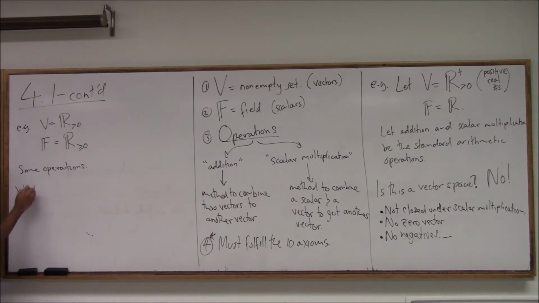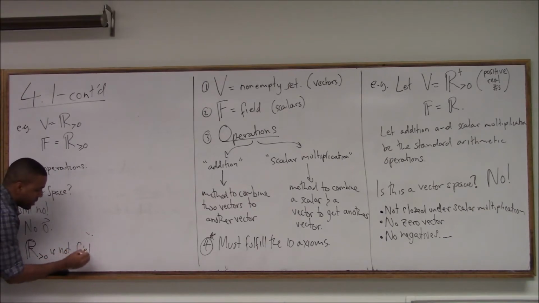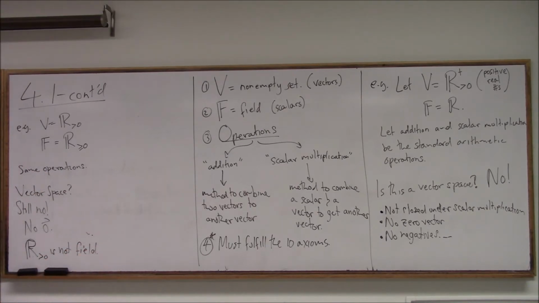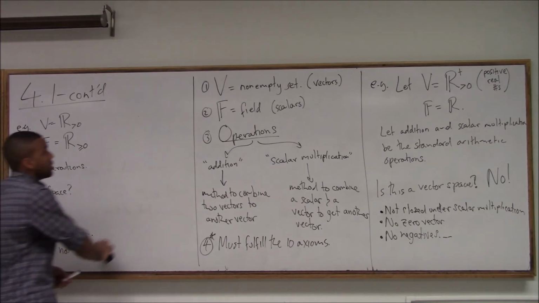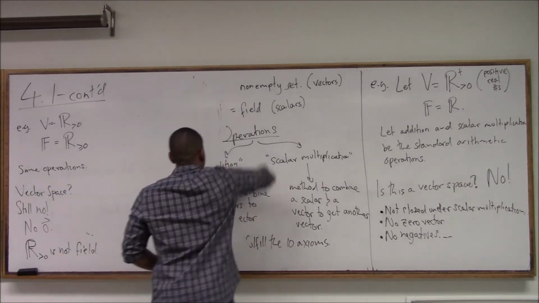Vector space? No. Why not? Because no zero vector. Secondly, this is kind of an abuse of notation, but the positive R's is not a field, so technically I didn't really give you a field, kind of playing unfair here, but I wanted to see things that will break down. So that's not a vector space.